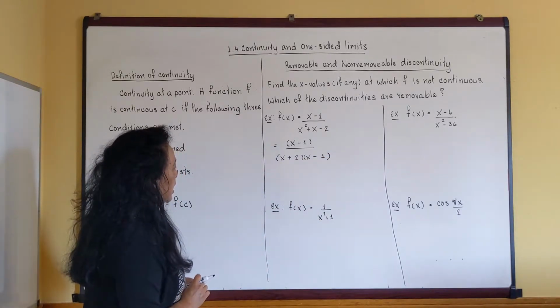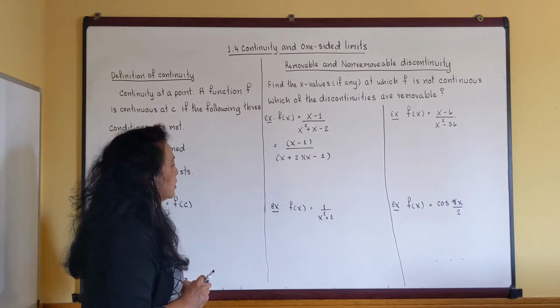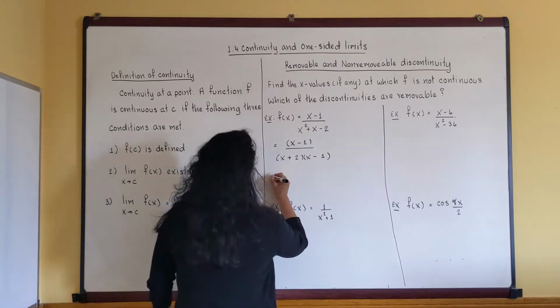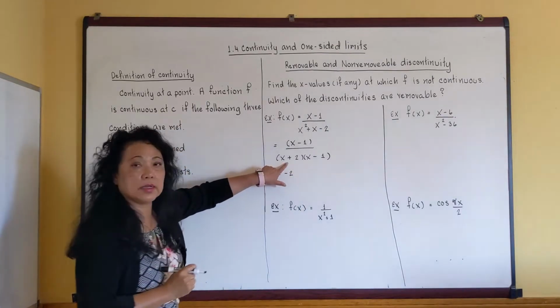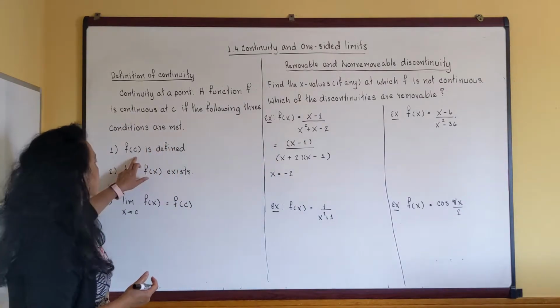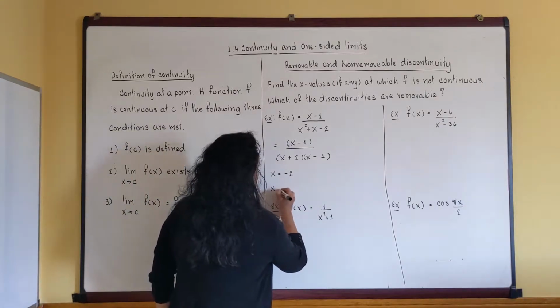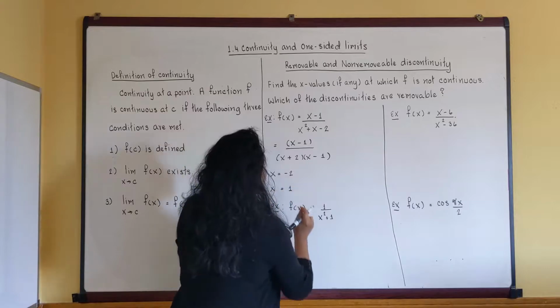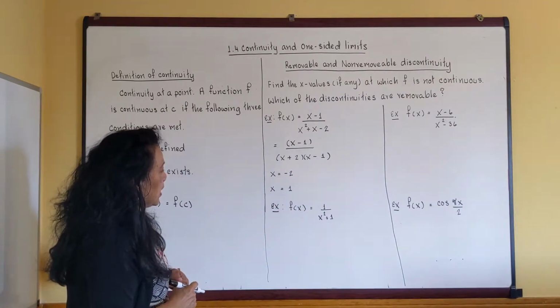As you can see, we don't want the denominator to be 0. If x equals negative 2, this denominator will be 0, then it will be undefined. So f of c would be undefined. If x equals 1, the denominator will be 0 as well, so it will be undefined.